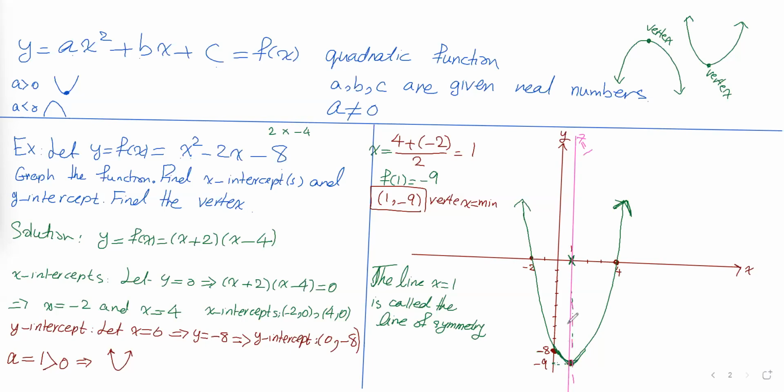Once you have the vertex, you're almost done. You just draw it, right? So it's very easy. This is a very interesting case. And how did you know that? Because one is the midpoint of, yeah, exactly. One is the midpoint of the two x-intercepts. That's why I found f of one. That's why I say this is the vertex. Okay. I'll stop.